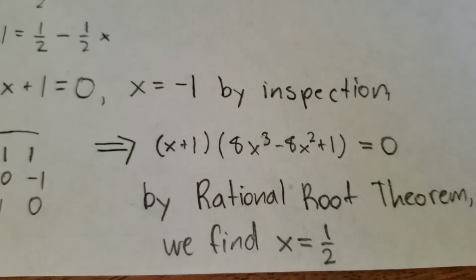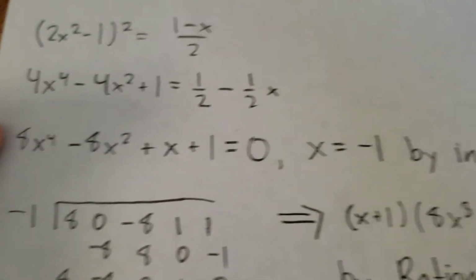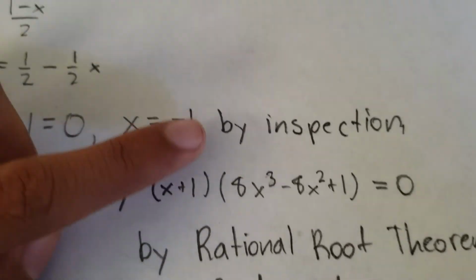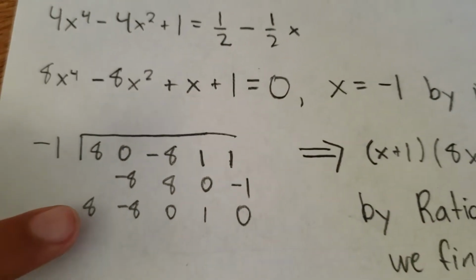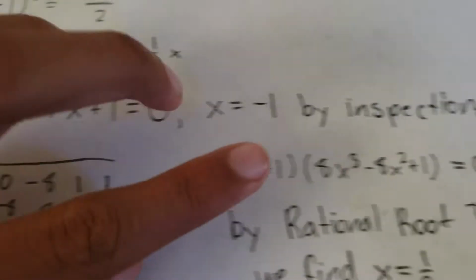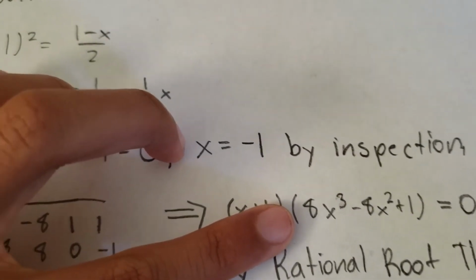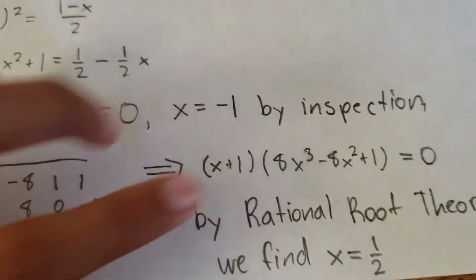So this tells us that this polynomial can be factored as x plus 1 times 8x cubed minus 8x squared plus 1.